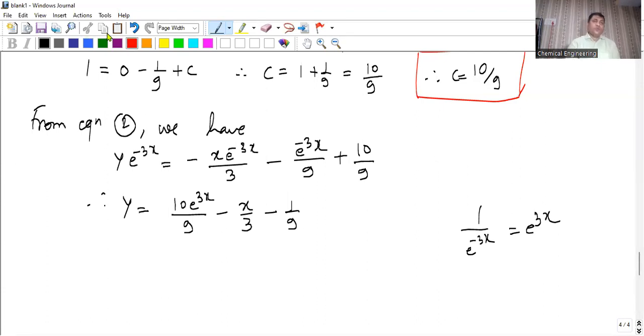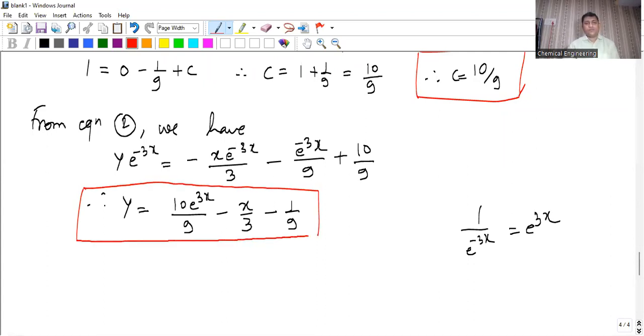So, have you got this equation? Yes. Okay.